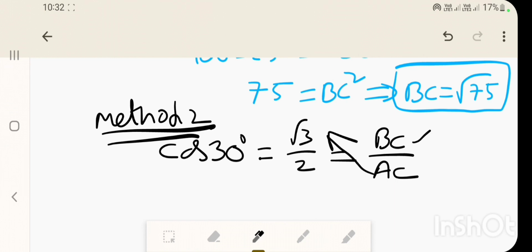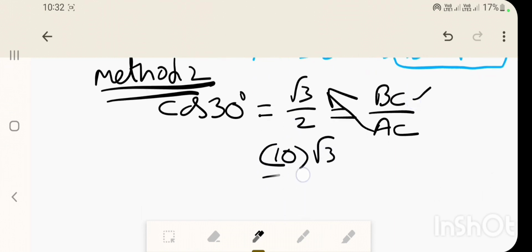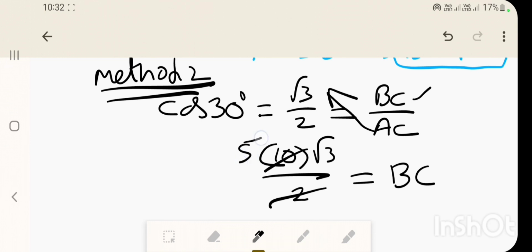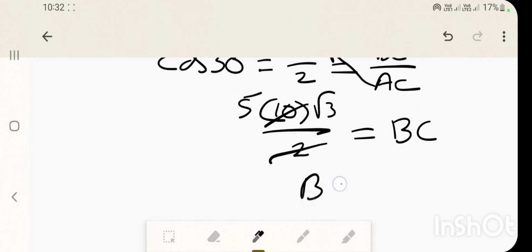AC we have, that is 10, into root 3 divided by 2. So this is equal to BC. Now 2 5s are 10 we know. So finally we get BC is equal to 5 root 3.